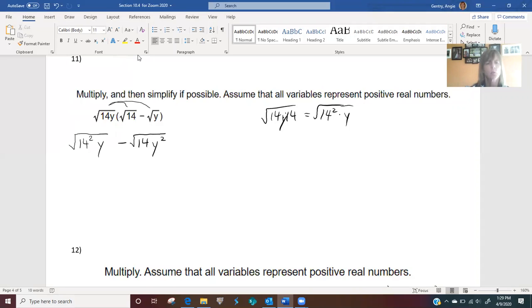Technically, the index here is a 2, so what comes out, 14, what stays under, the y? In this case, this is where people get a little confused, they look so similar, but they're not the same. Which one has the exponent that matches the index, the y? And then you can't say they're like terms because they're not. So this is the end of the story, okay?